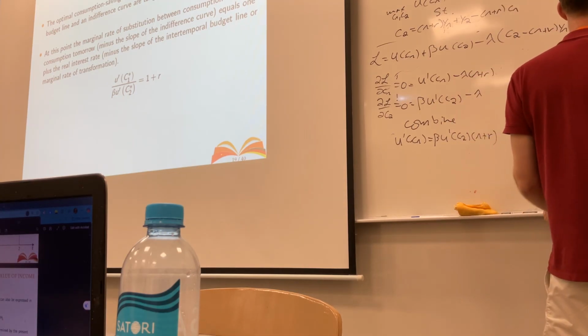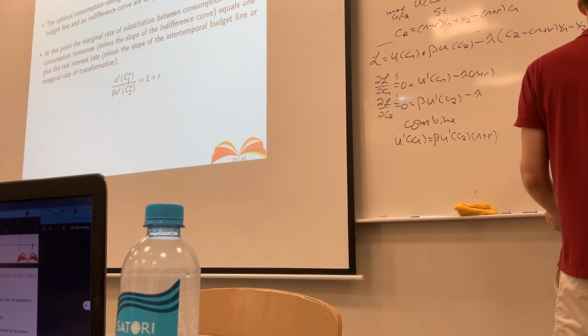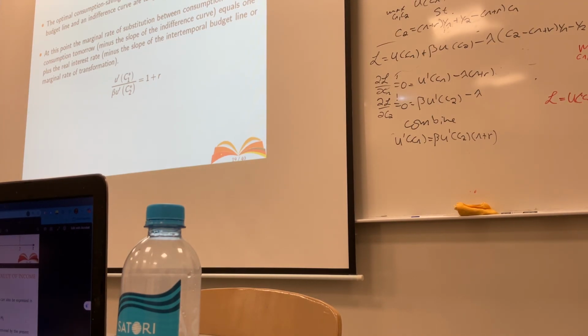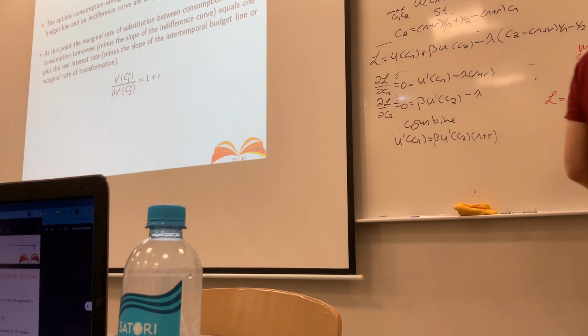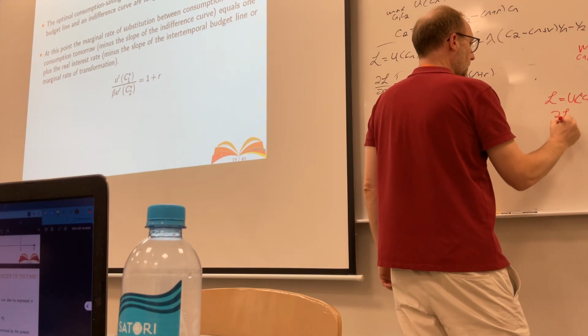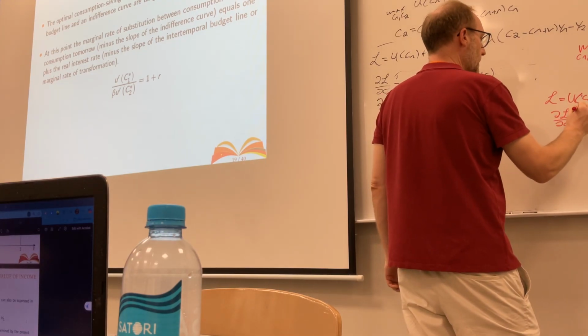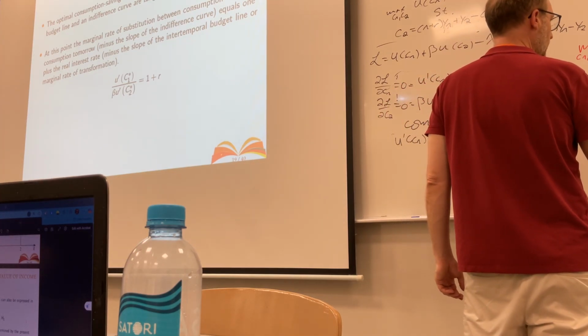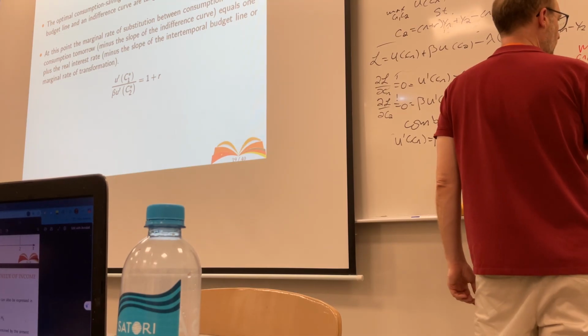minus lambda 1 times c1 plus s minus y1, minus lambda 2 times c2 minus y2 minus 1 plus r s. Alright, and now we get three first order conditions. With respect to c1: u prime of c1 minus lambda 1.